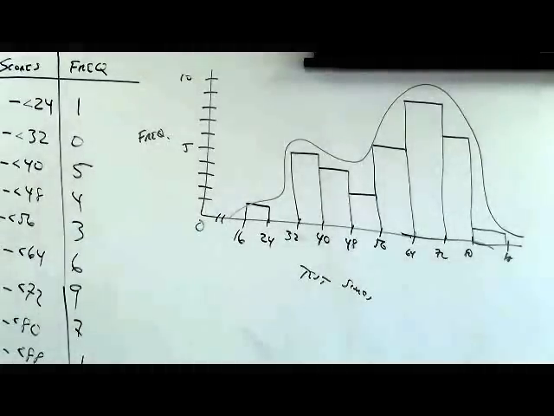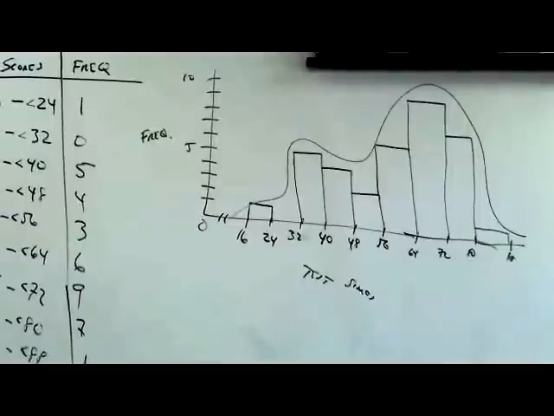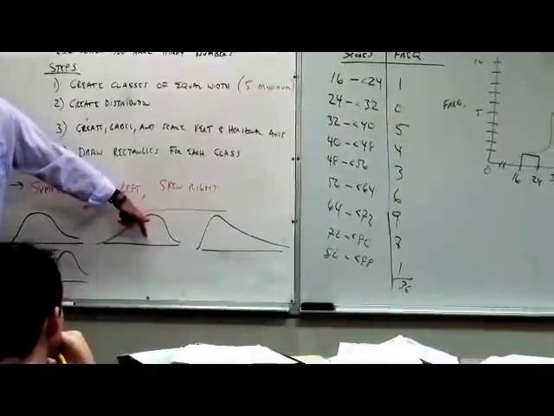We call that skewed left. I need you to understand why this tail was long: we had some really small test scores compared to where the other ones were.